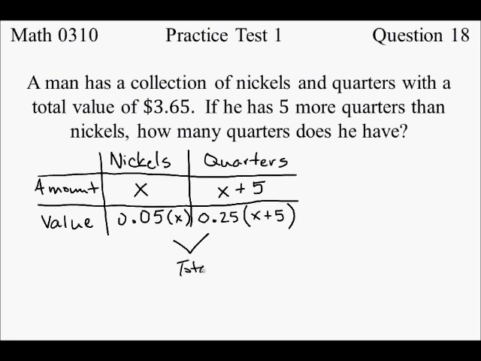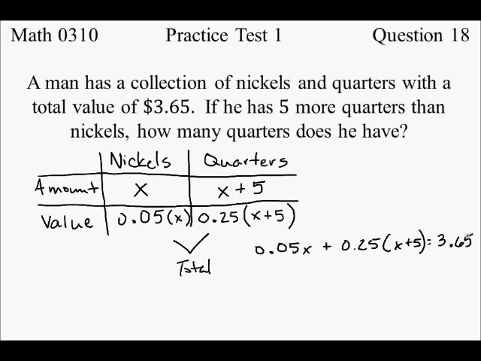And so when we set up our equation, it's going to be the value of the nickels, so 0.05x, plus the value of the quarters, so 0.25 times x plus 5, is going to give us our total, and we notice our total value there is $3.65.